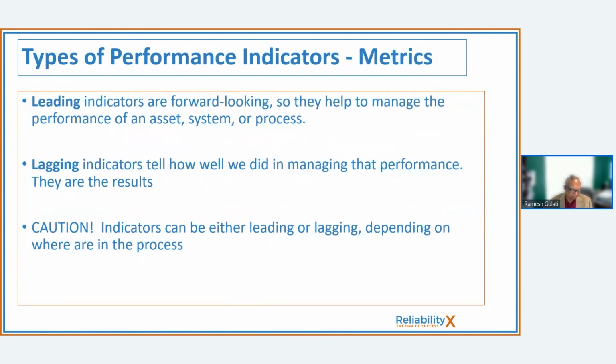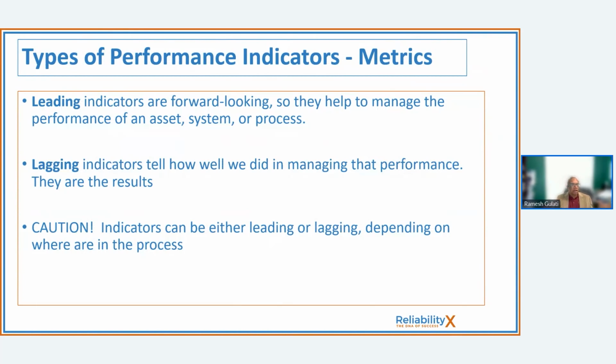Just a caution: indicators can be either lagging or leading, depending on where you are in the process and what you're looking at. Some metric may be lagging and may become leading later. And we'll give an example.